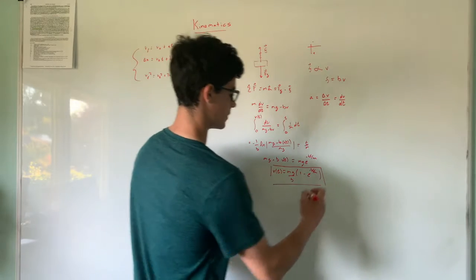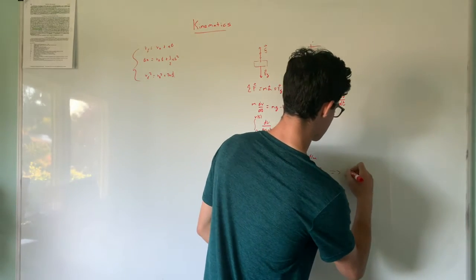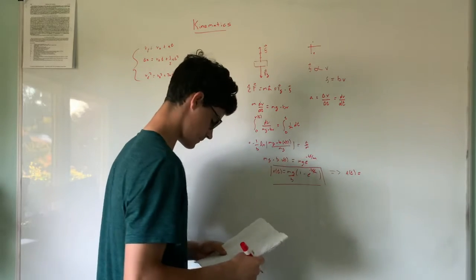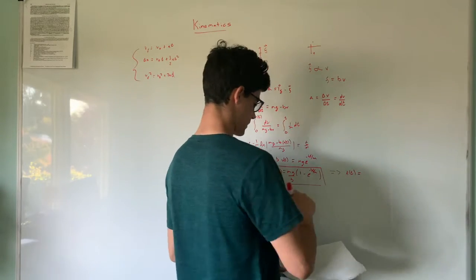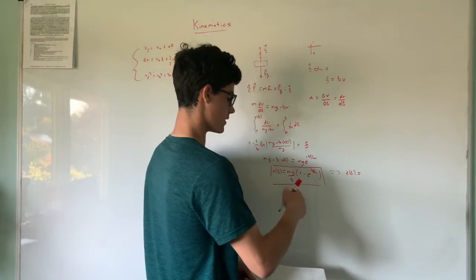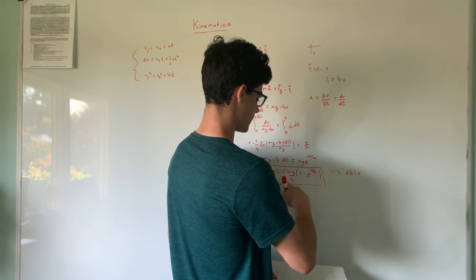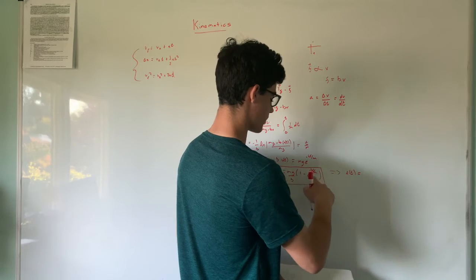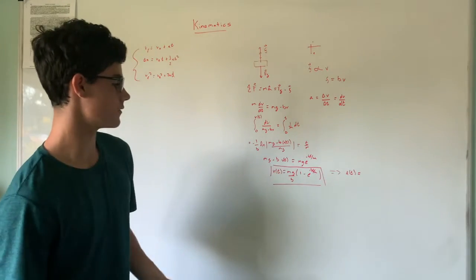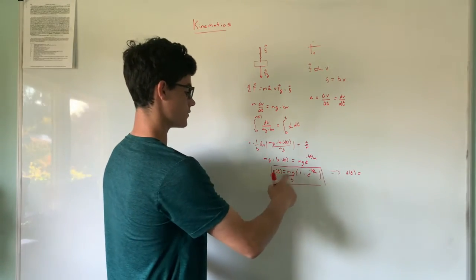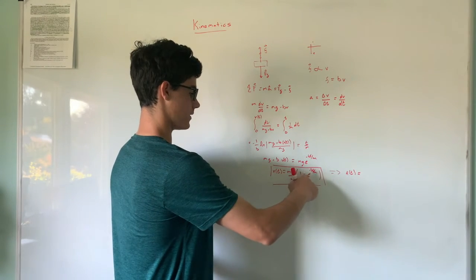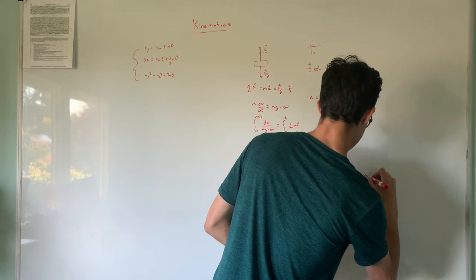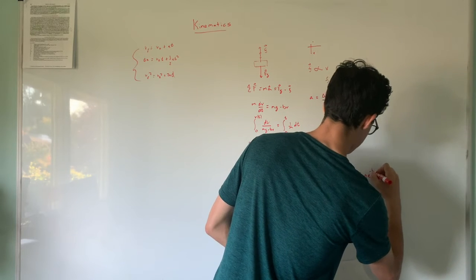So if you want acceleration, a of t is equal to, this is just a constant, so that just goes away, and we end up with mg over b times negative e to the negative bt over m. Okay, so you take that derivative, you have b over m, so those will cancel out, and you'll be left with g e to the negative bt over m.